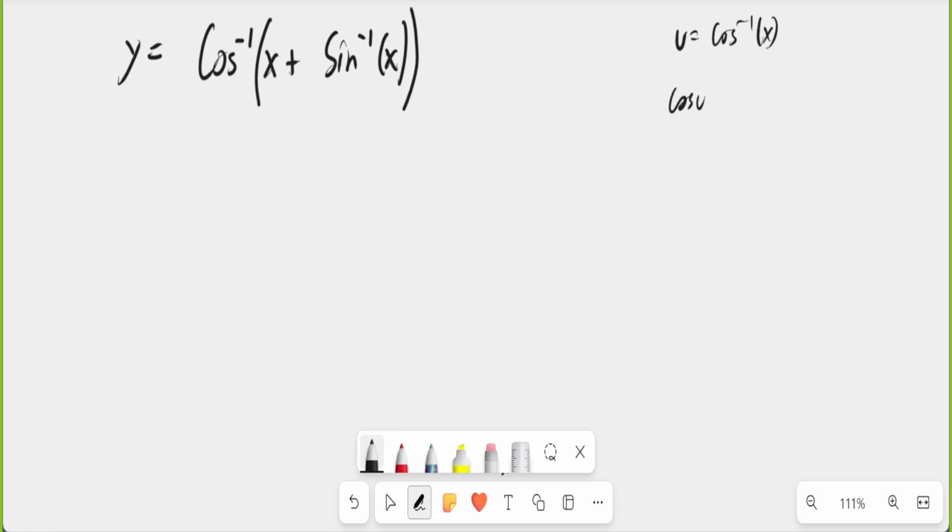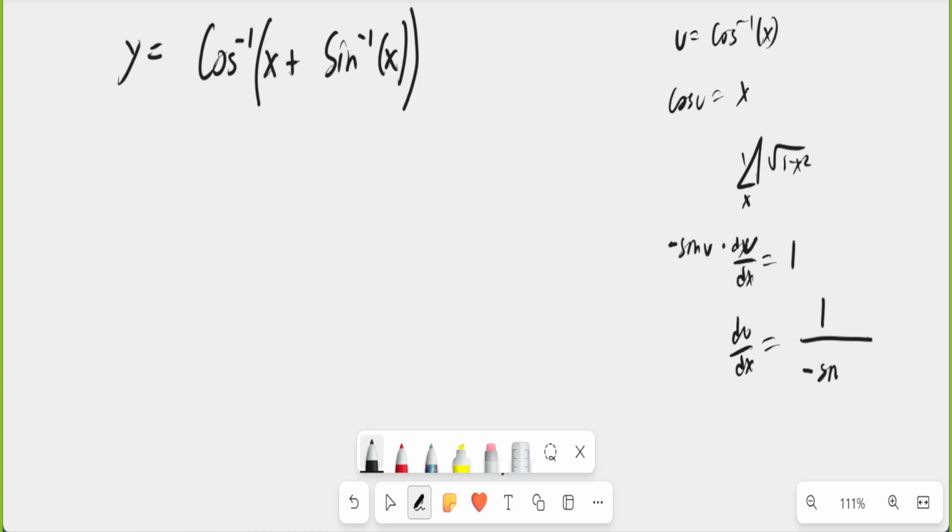So cosine u is equal to x. So that's x over 1 with square root of 1 minus x squared. Negative sine u times du dx is equal to 1. Is there a negative there? I feel like I'm doing it wrong. Yeah, du dx is equal to 1 over negative sine u.